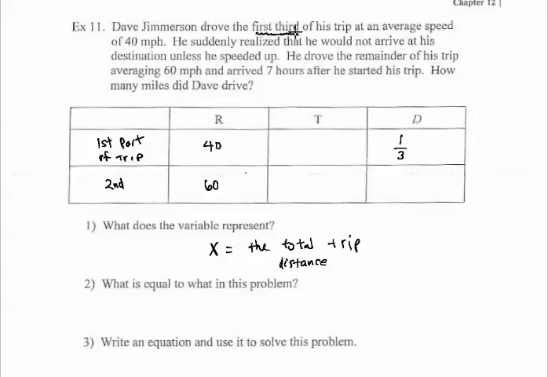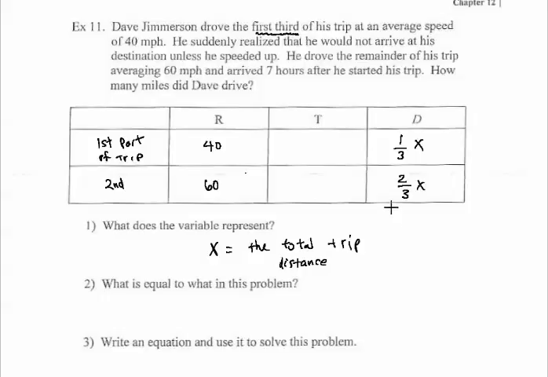First part of his trip was a third of his trip. So I'll simply write in the D column for the first part, 1/3 times the total distance x. And so if the first part was a third, then that only leaves 2/3 for the second part. So in the second row, D column, we write 2/3 x.